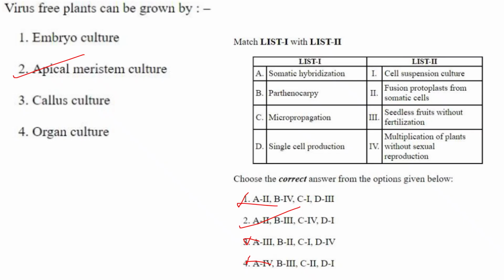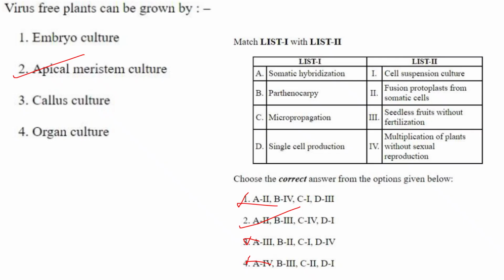Then single cell production, you require cell suspension culture. Cell suspension culture is produced by growing single plant cells or using friable callus, so that in suspension culture upon agitation they will be easily separated.